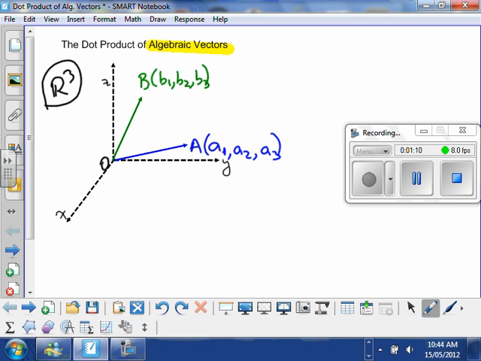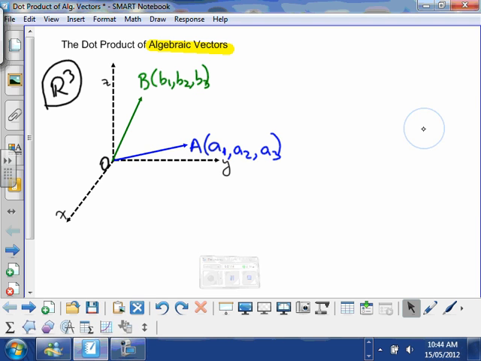By definition from yesterday, I know that the dot product of, how about I call the blue vector A and the green vector B. Good.